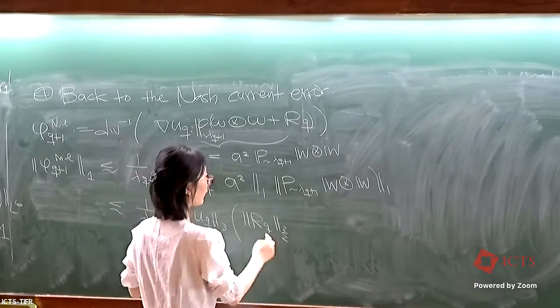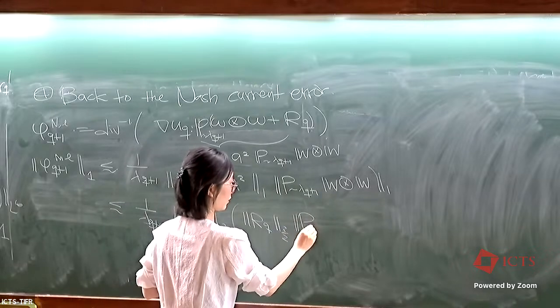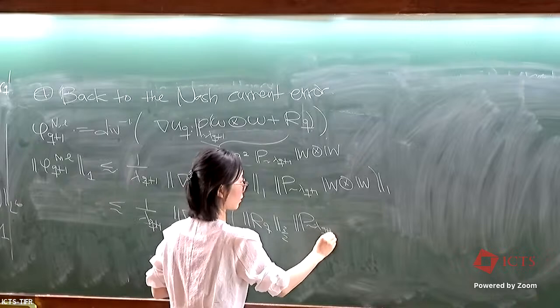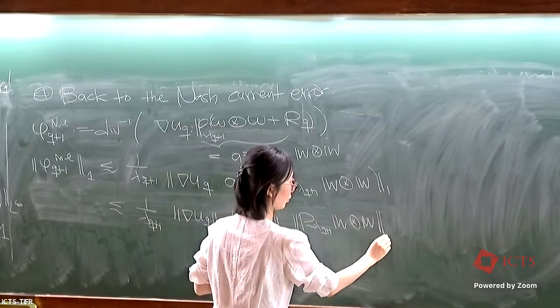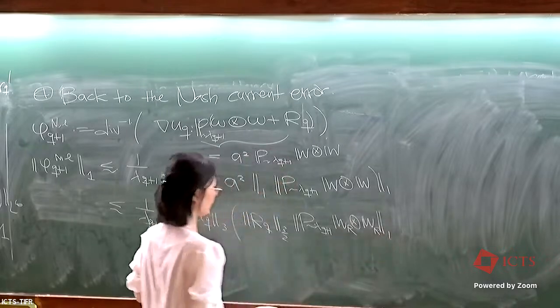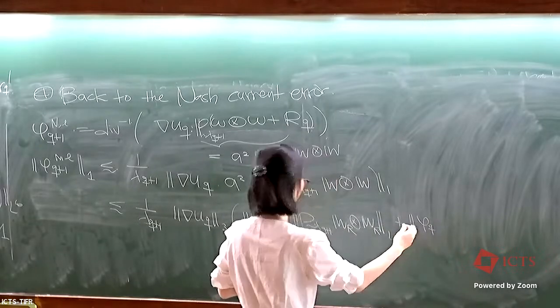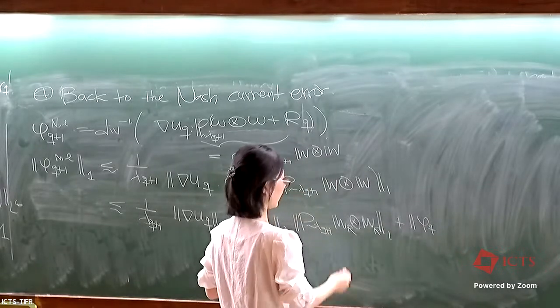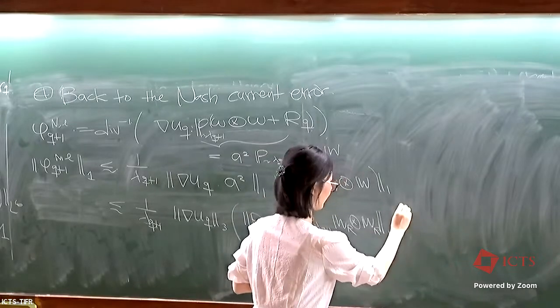And from here, we have, again, the L1 norm of this. And then you also have something for the phi q. But since this will be the same size, I will just leave this part as an exercise.